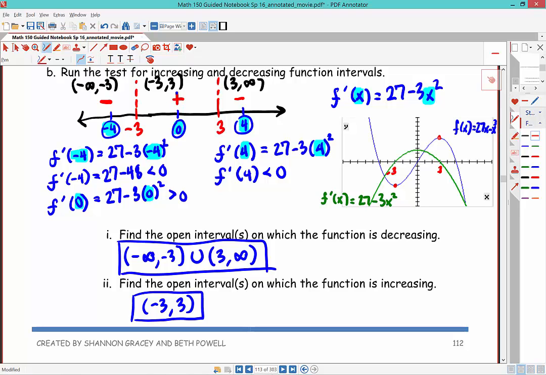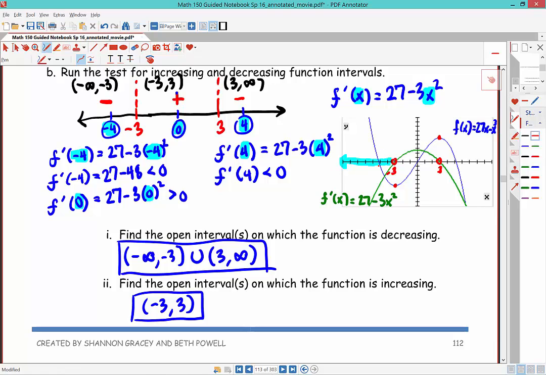So on this one, we end up with how we divide our intervals. We basically took, actually it would be more like an open circle, right? And we said, hey, I'm going to test this interval. That was our minus infinity to minus 3. And look what happened. What was going on with our derivative function on that interval?